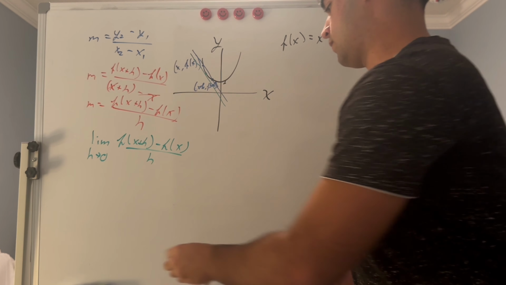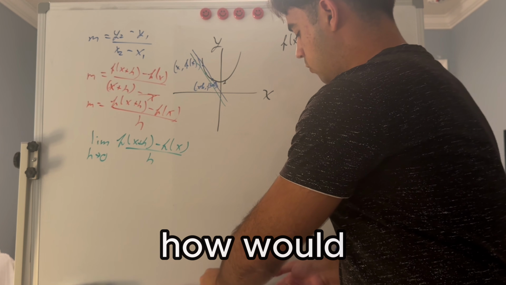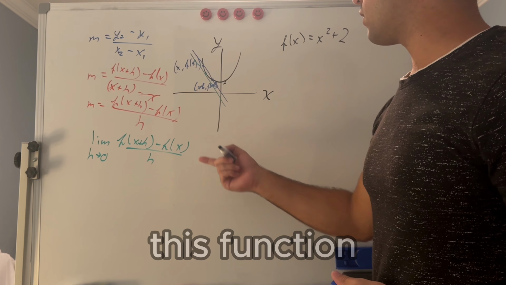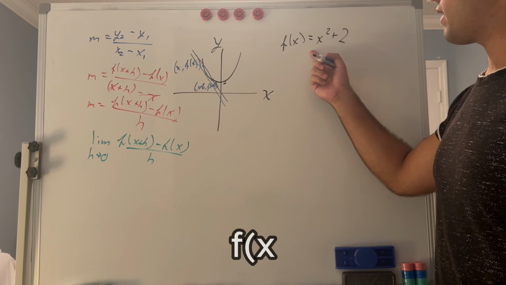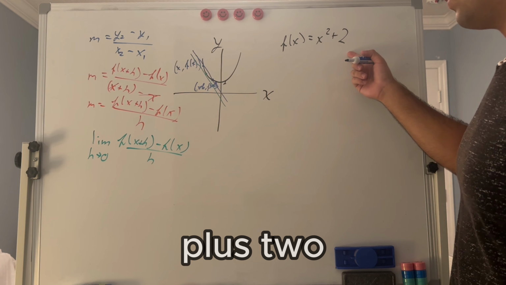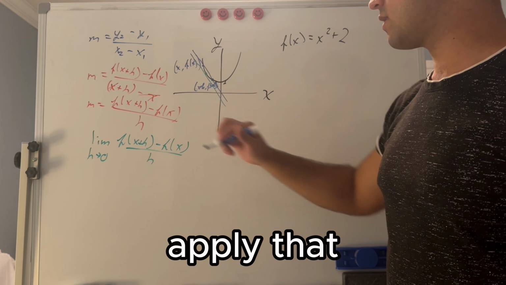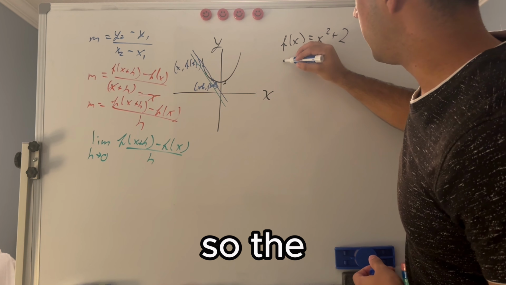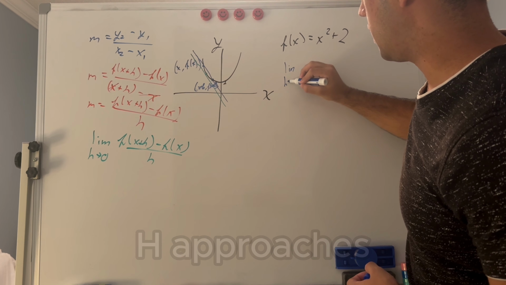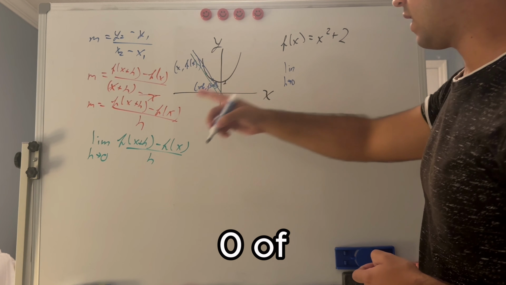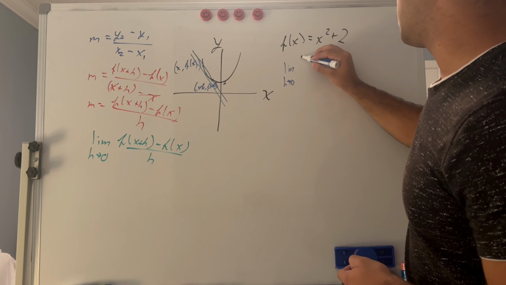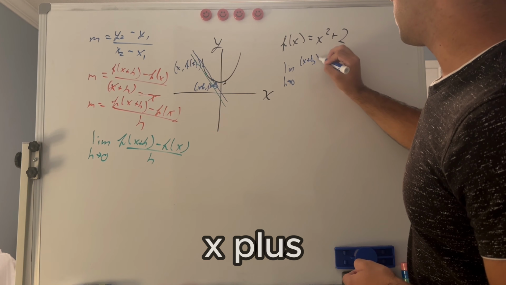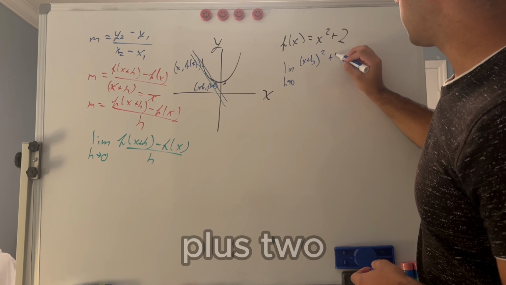Now, how would we go about solving that for this function? Let's take f of x equals x squared plus 2. And let's apply that to the limit. So, the limit as h approaches 0 of f of x plus h is x plus h squared plus 2.